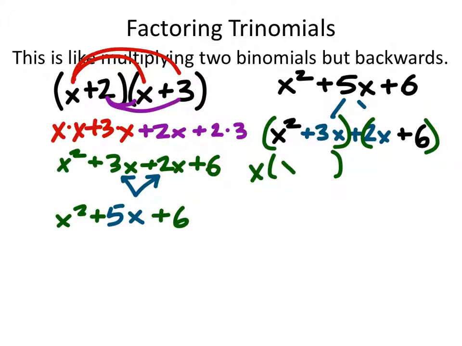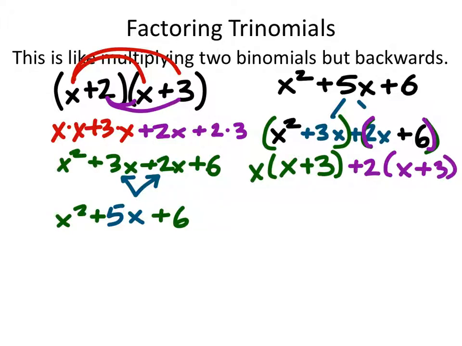So what am I left with? I'd be left with an x and a positive 3. And then in this other set of parentheses, I can factor out a positive 2. Then what am I left with? An x and a positive 3.